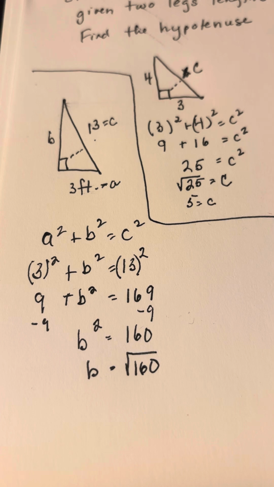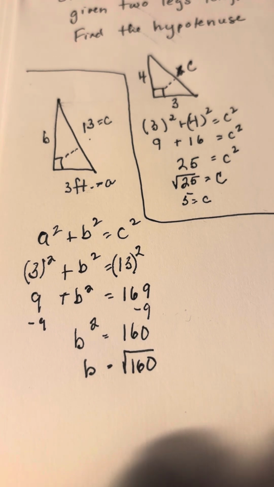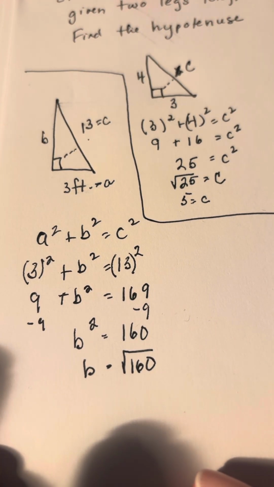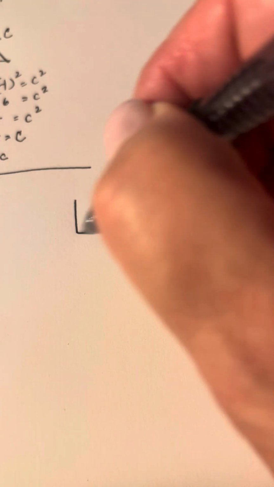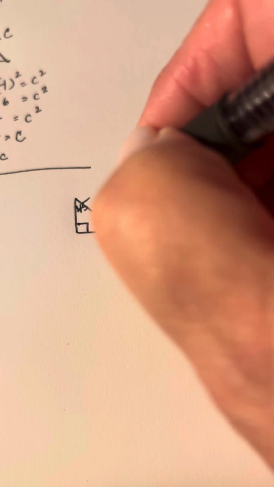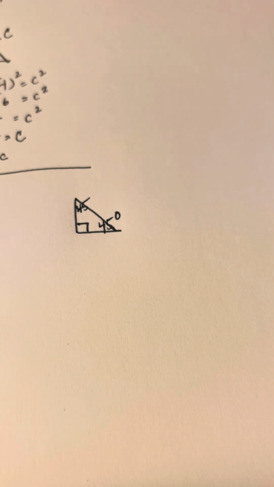Now, there's a couple little tricky things. A couple of triangles have special proportions. So one of them is the 45, 45, 90 triangle.